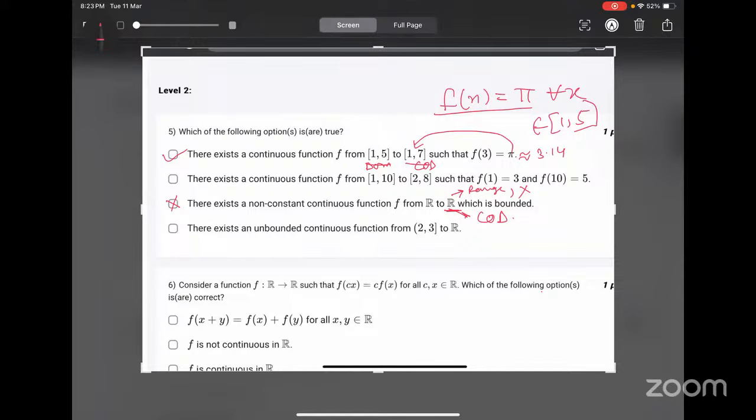No. At a particular point, you will always get a constant, right? But constant function means at each point it will give the same value. We took the first example, f of x equals pi for any x. It was an example of a constant function. So there exists a non-constant continuous function, so there is a variable inside the equation, and you cannot get a constant value.